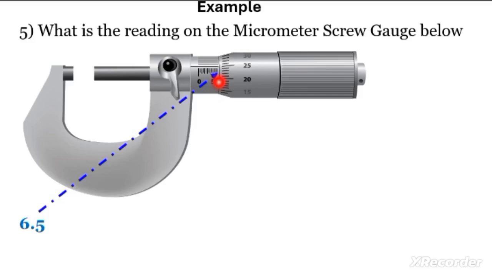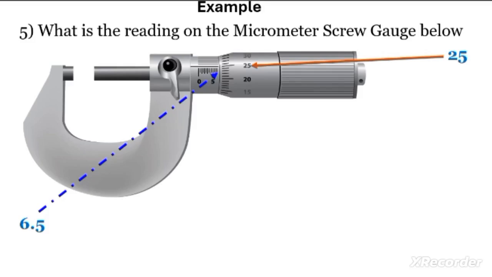So the mark that aligns is this one, and we have 25 here. So this is 25, our mark from the circular scale.